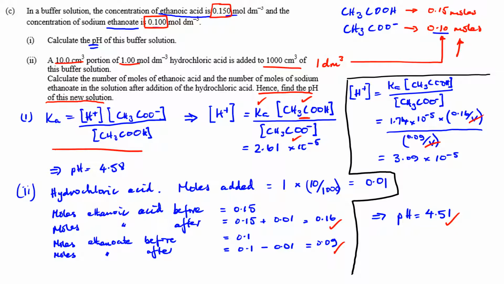Just at the risk of repeating myself too many times, I think the intuition we needed to make right at the start of answering C part 2 is that when you're adding those hydrogen ions from the hydrochloric acid, they're going to react with the ethanoate ions, hence use some of those ethanoate ions up, and the exact amount being used up, i.e. 0.01 as we worked out, they are going to make more ethanoic acid.